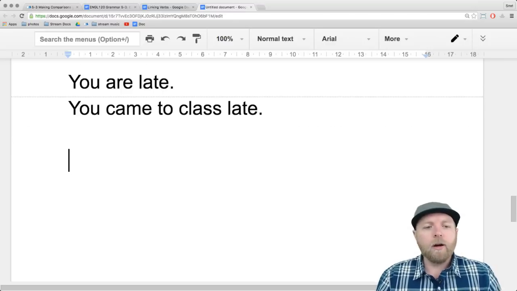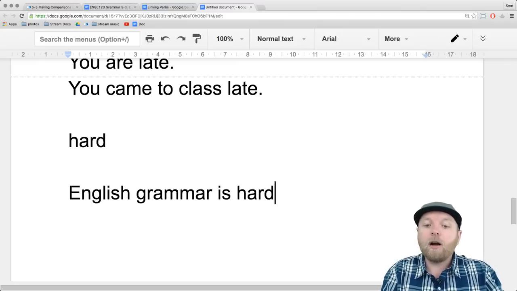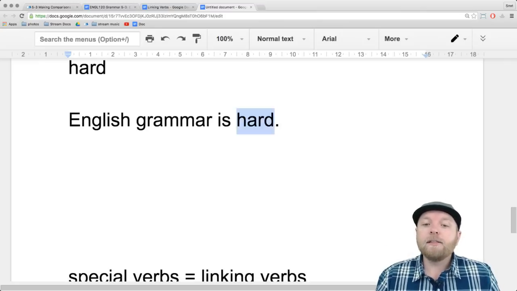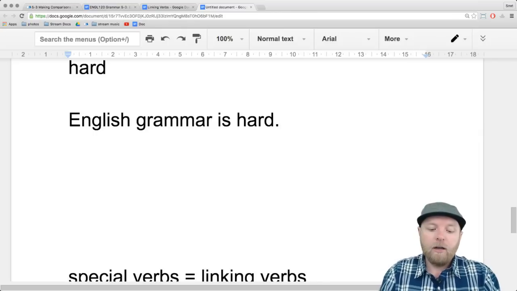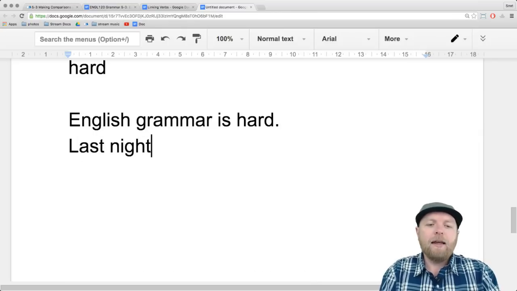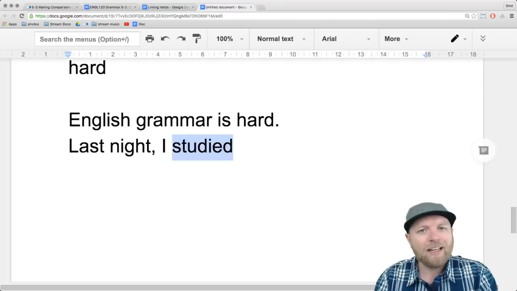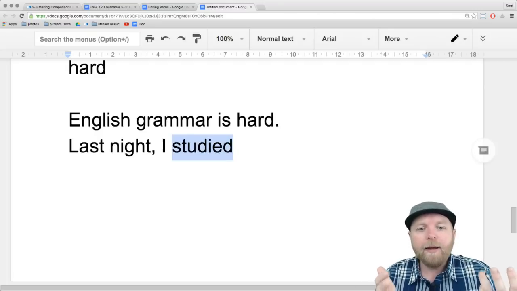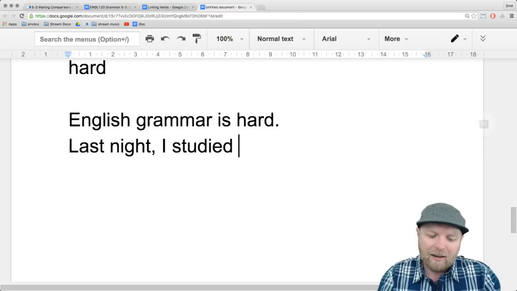And one more, hard, okay? Example, English grammar is hard. Okay, this is an adjective, right? Because we're describing the noun. English grammar is hard. But last night, I studied. Let's describe the action, study, right? So we need an adverb. I want to use hard, but hardly?